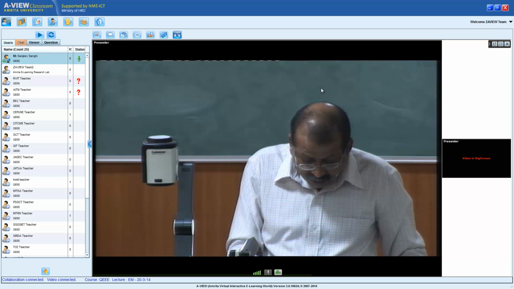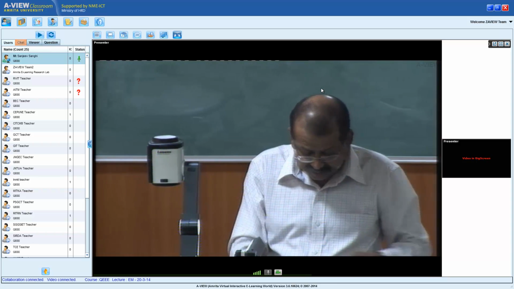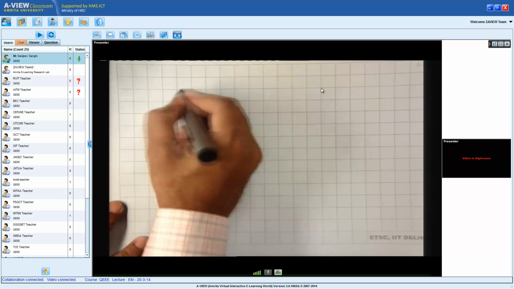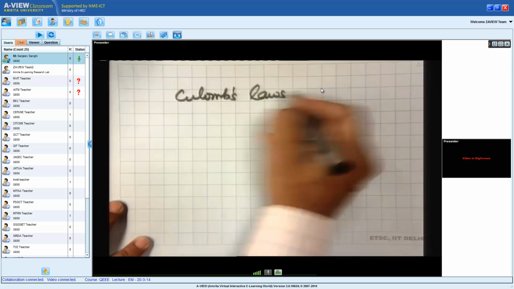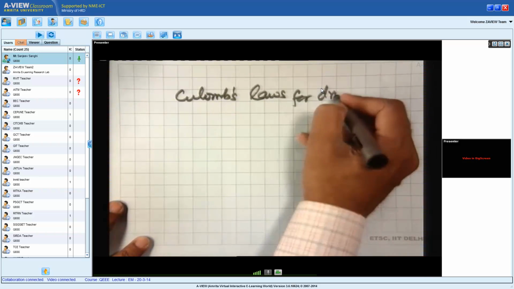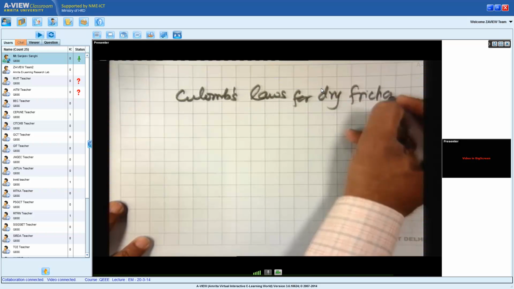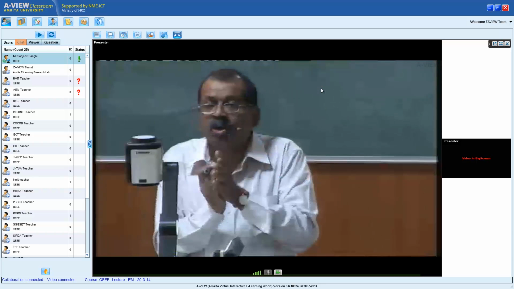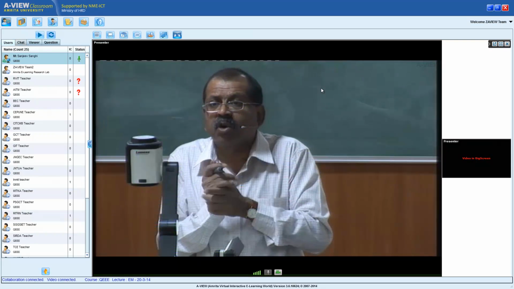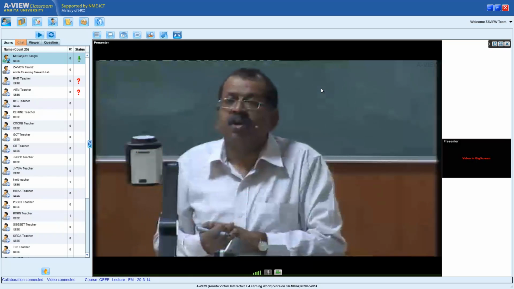What the laws of friction, we have what we term as Coulomb's laws, dry friction. So these laws are valid when there are two solid surfaces and there is a contact between them, there is no layer of fluid.